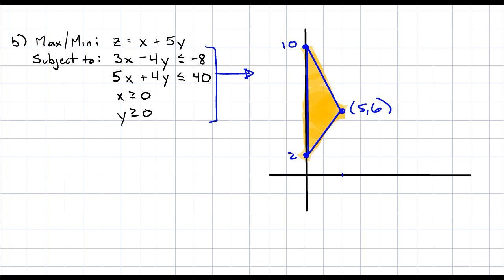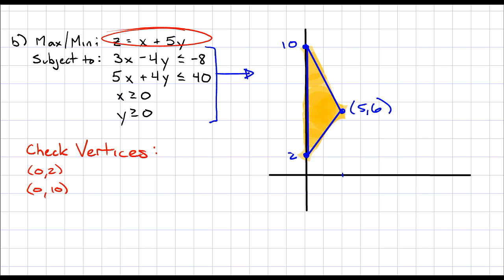Now that I have my 3 vertices, I need to check them by plugging each into the objective function to see which one gives me the largest number and which one gives me the smallest number. My 3 vertices are 0, 2; 0, 10; and 5, 6.